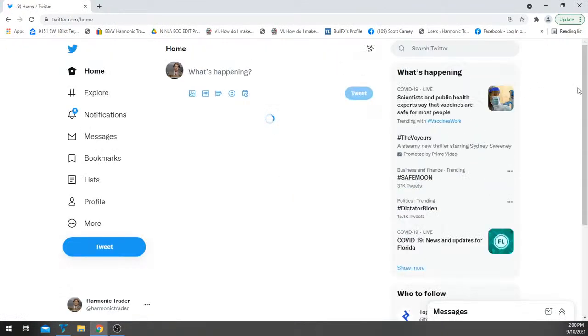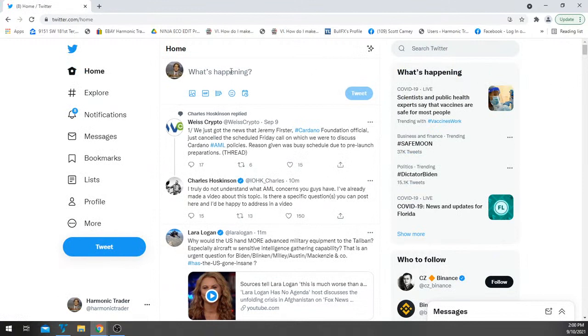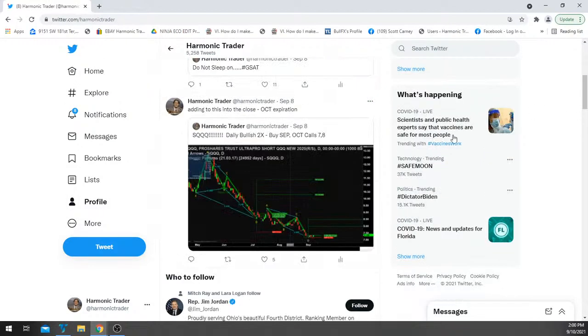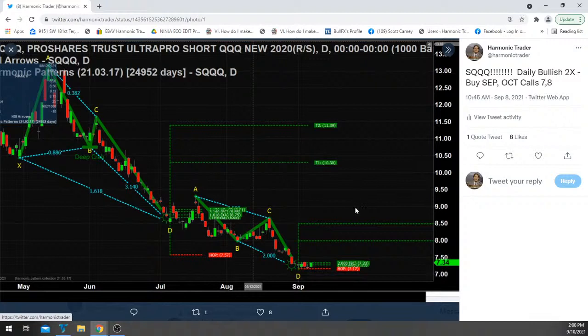That area is where we want to be looking. There's several of these patterns just completing on the daily. And what I think is going to happen, here it is, is I'm looking for a pop reaction. I think the market's overdone at the moment. I think we need to at least let out some air.